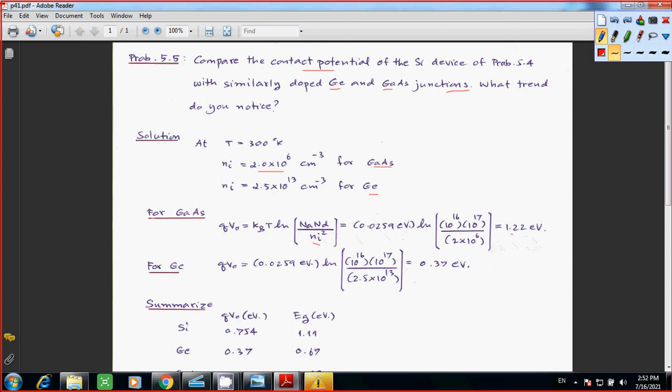For gallium arsenide, your built-in potential is 1.22 electron volt. And for germanium, you just plug in your Ni. This is supposed to be squared, sorry, my mistake. And that is equal to 0.37 electron volt.